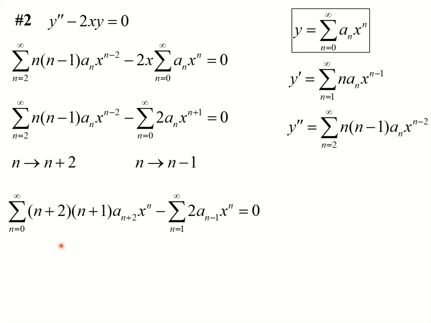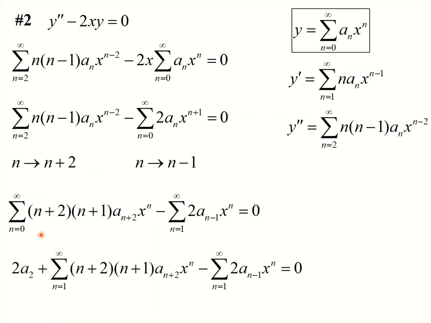So we have to actually write out the first term of this series by plugging n equals 0 in. I'll get 2 times 1, a sub 2, x to the 0. So that's 2a2. I'll pull that out, and then the summation right above the red dot will start at 1.